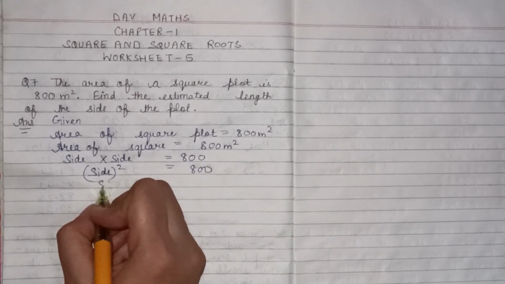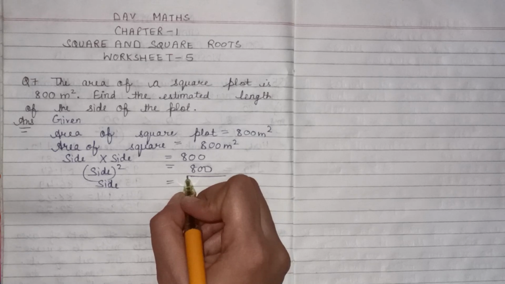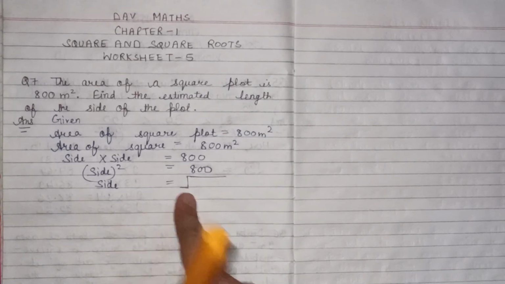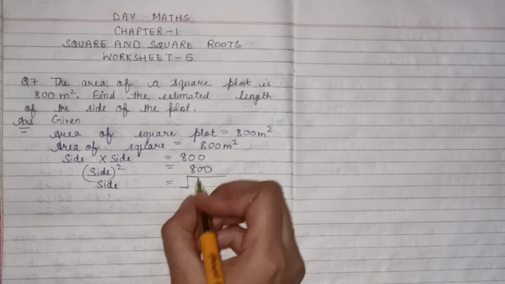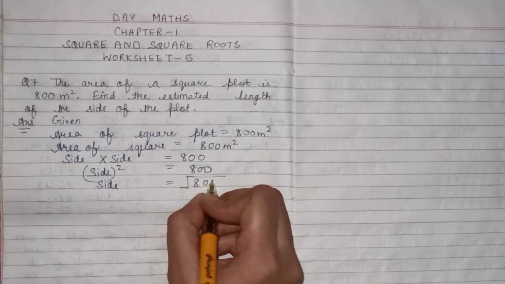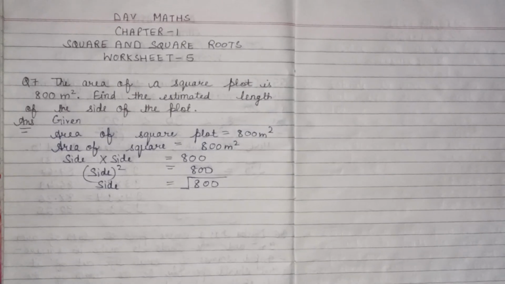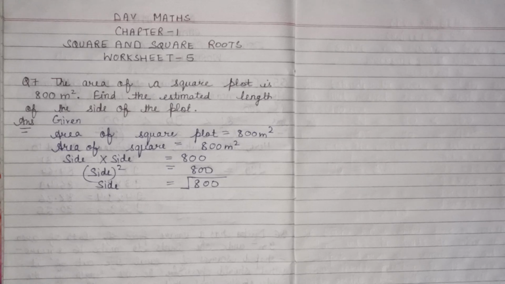Now we can remove square from here and apply here under root. So in this under root I write here 800. Now the perfect squares nearer to 800 are 784 and 841.